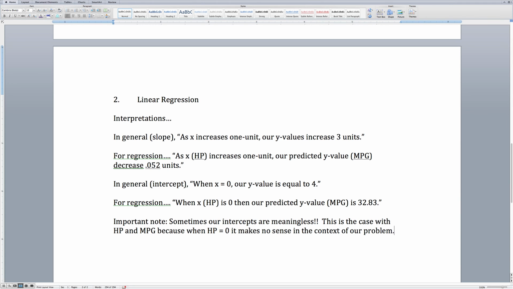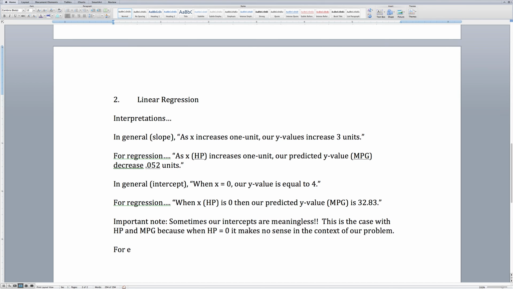I mean, seriously, if we have a horsepower 0, we're not going anywhere, so we're not going to be able to establish miles per gallon. This will happen sometimes, and the best way to interpret whether or not your intercept is meaningless or meaningful is just think it through. Use a little bit of statistical common sense. Does it make sense to have an x value of 0?